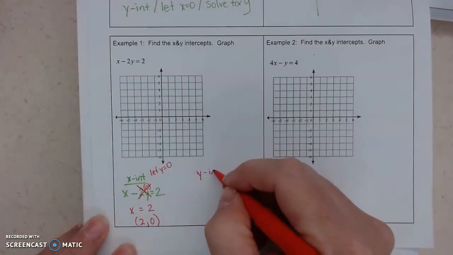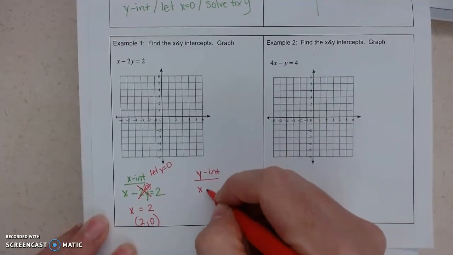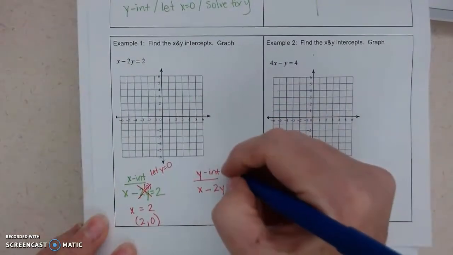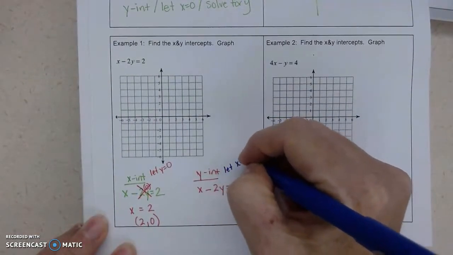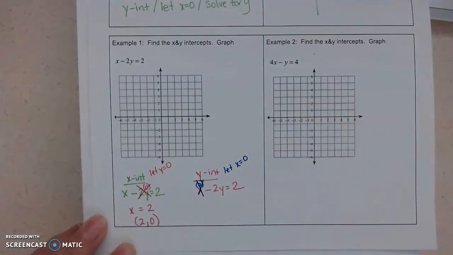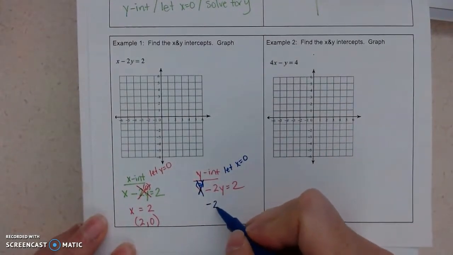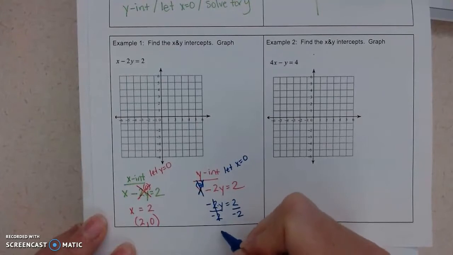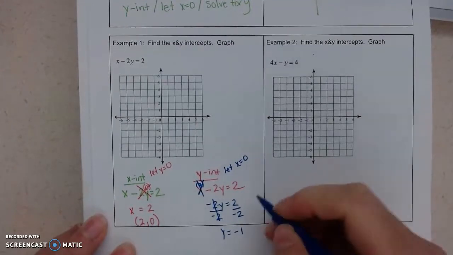For our y-intercept, we're going to use the same original equation, and we are going to let x equals 0. So if we substitute 0, it eliminates the x term. Notice this is -2y equals 2. Those are being multiplied, so we're going to divide both sides by -2, which gives us y equals -1.